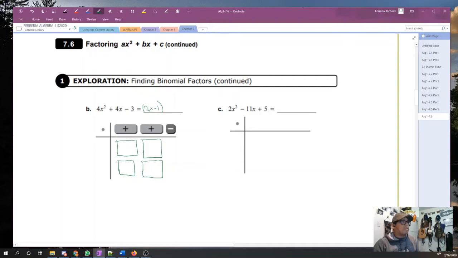Okay. So that also gives me these tiles over here. So that's 4x squares. And then we're supposed to have a plus 4x. Well, this is a minus, so I don't know how that's going to work. You know, we've got a minus 1 here. We've also got a minus 1 here.